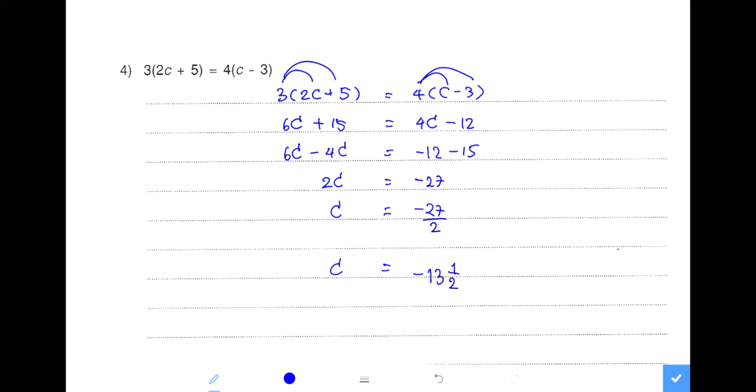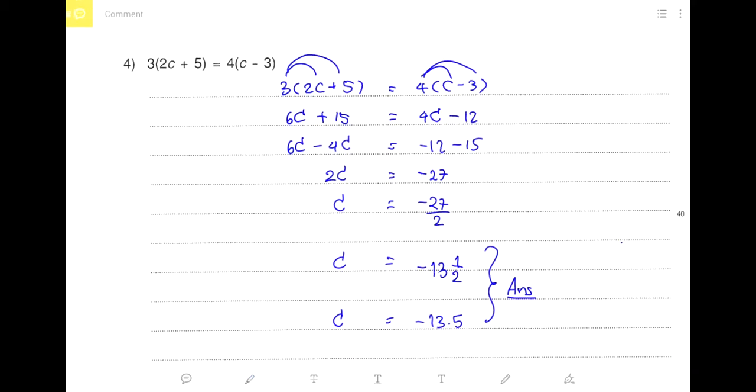Or we call it -13.5, right? If you want it as a fraction, your c is -13 and 1 over 2, which is just like 0.5. So both of them are correct and both of them can be the answers. In an exam you may answer like this or like this. Nothing is wrong.